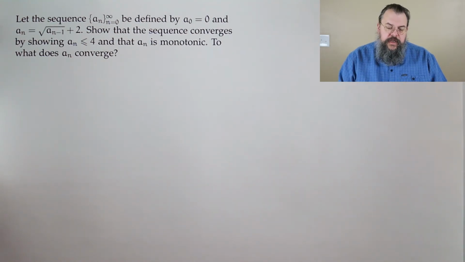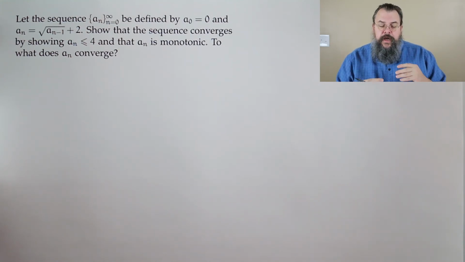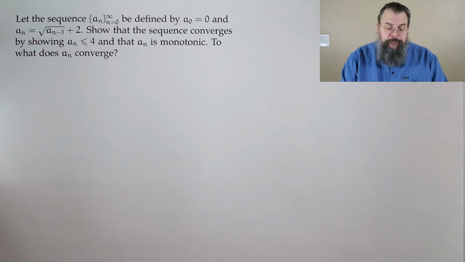So let's think about this. How can we make this argument? It turns out that both parts, staying bounded by 4 and being monotonic, are going to be done in the same way.